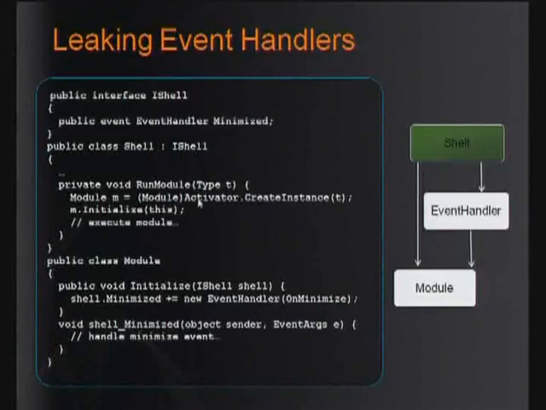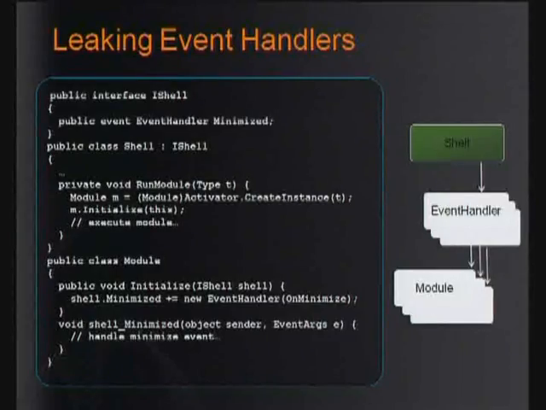And at the end of the execution, the module goes out of scope. This is a local variable. However, you can see that the event handler is keeping a reference to the module. And this is going to leak the module. If this occurs many times, you're dynamically loading modules like this, they're going to leak as the application runs.